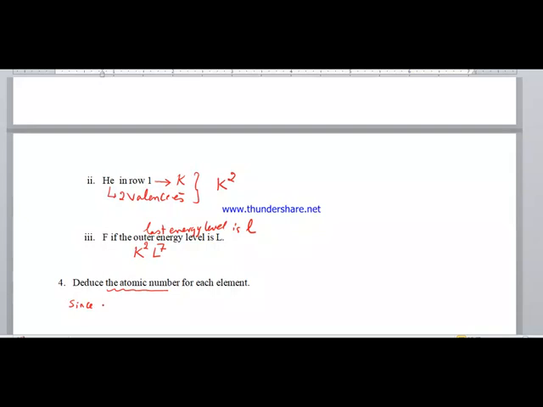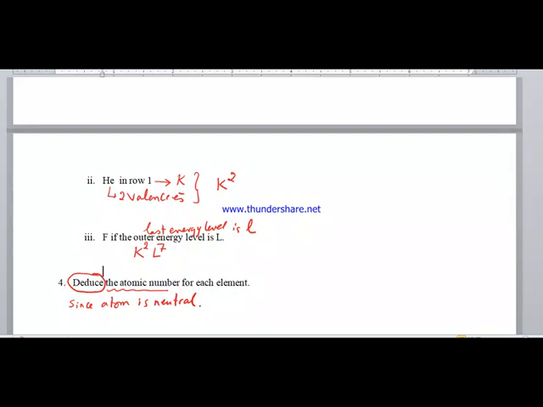To deduce the atomic number, we must find the total number of electrons. Deduce means to justify how to find the value of the atomic number.